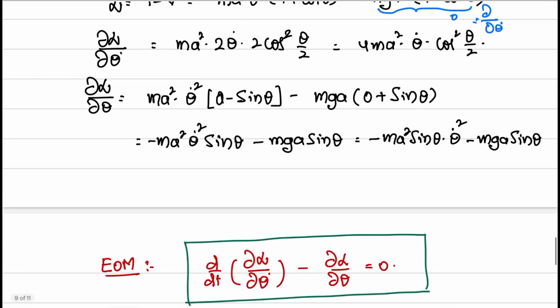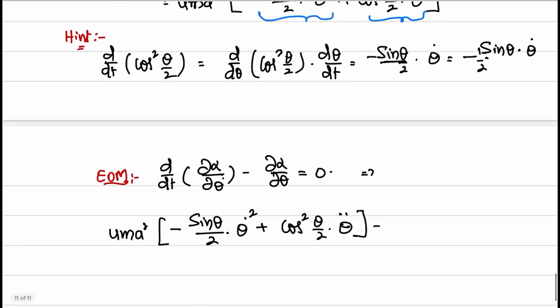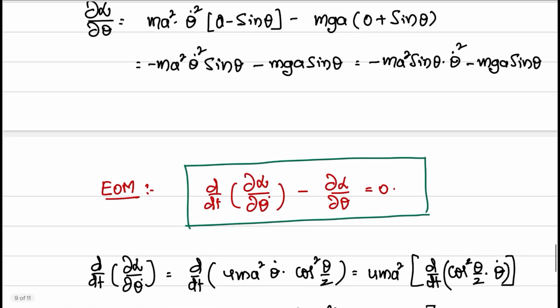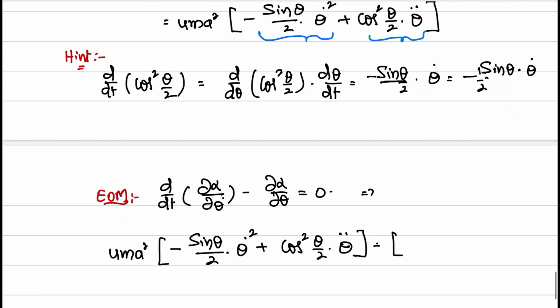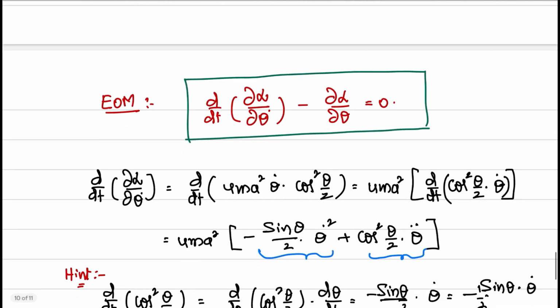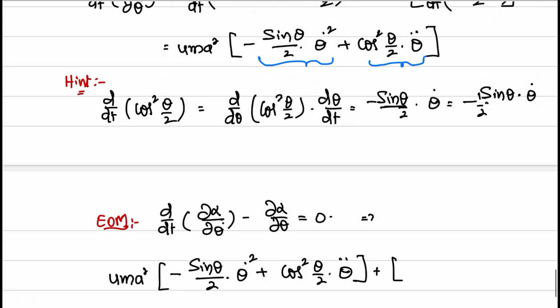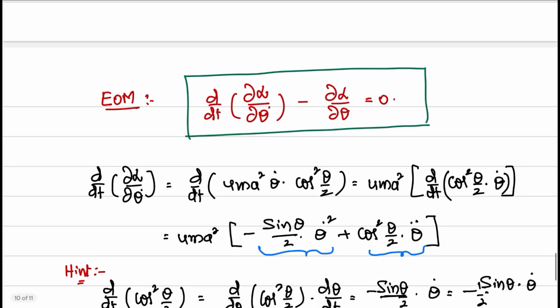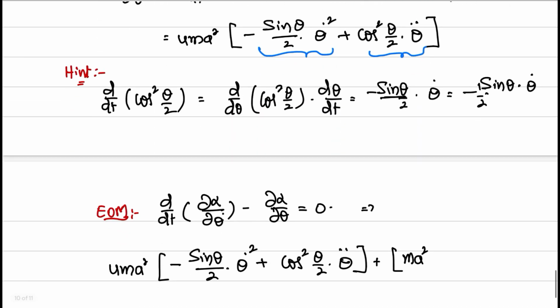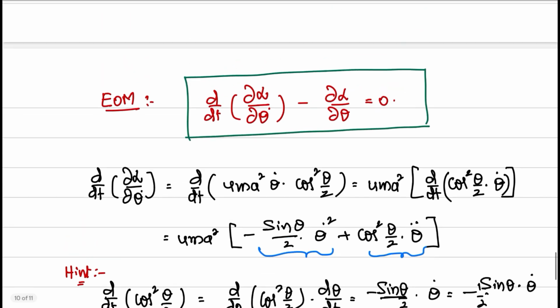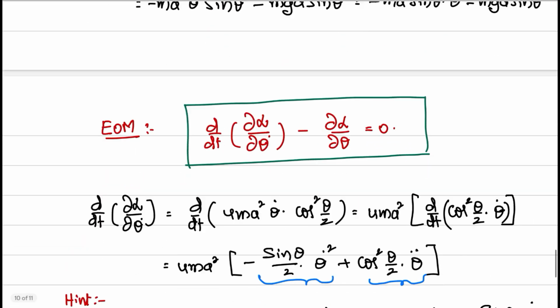What is ∂L/∂θ? Minus ma² sin θ θ dot squared. Minus into minus will become plus, so we will make it a plus: ma² sin θ θ dot squared plus mga sin θ.